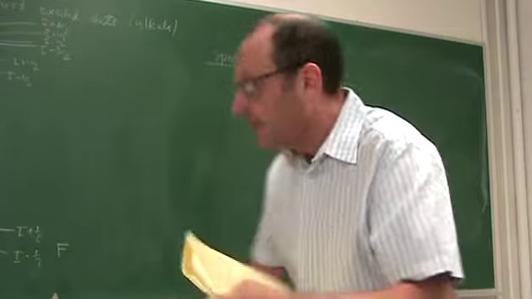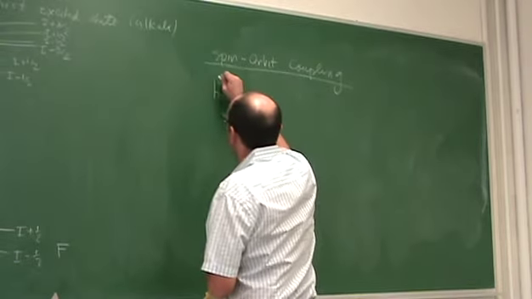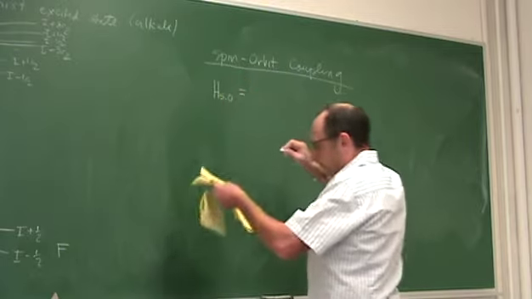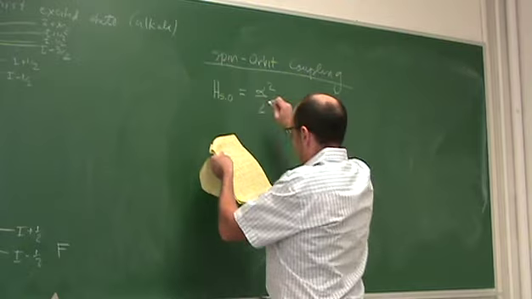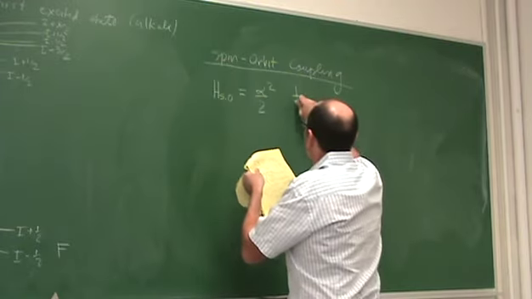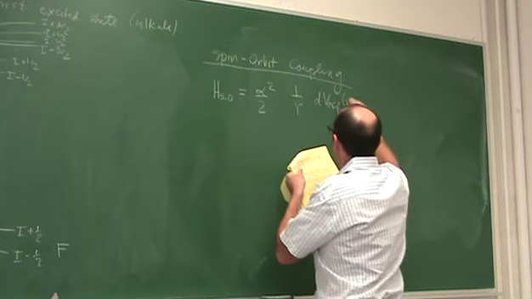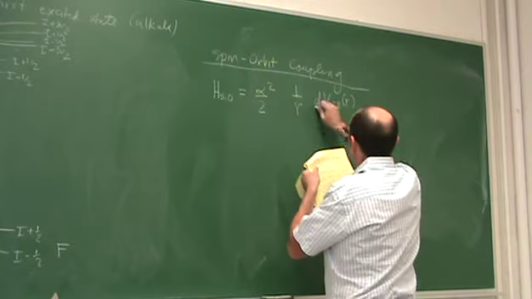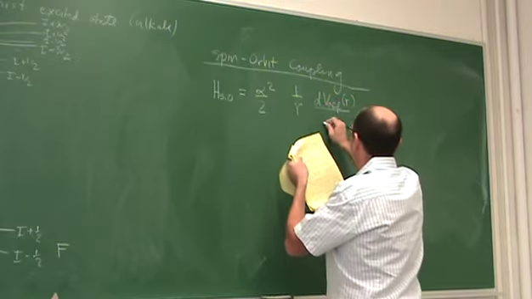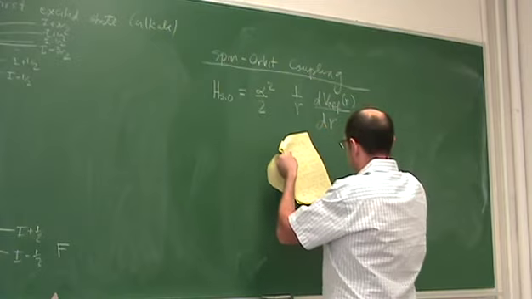Oh yeah. So the Hamiltonian for the spin orbit coupling involves the electric field, which becomes a magnetic field in the frame of the electron. It's moving around with some speed.